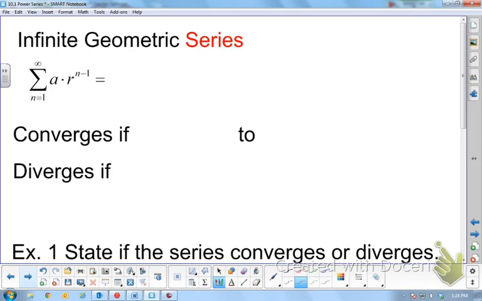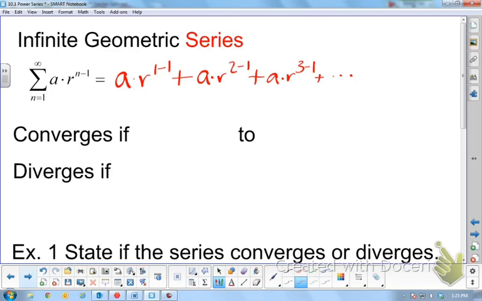So again, this sum notation is saying plug in 1 wherever you see n, then add what you get when you plug in 2 wherever you see n, then add whatever you get when you plug in 3. So just again, to practice the notation, you'd have a times r to the 1 minus 1 plus a times r to the 2 minus 1 plus a times r to the 3 minus 1 plus, and then ellipses again saying keep going in that same pattern.